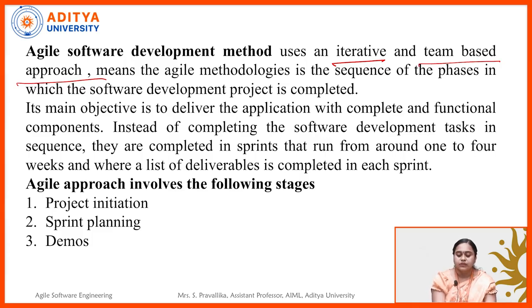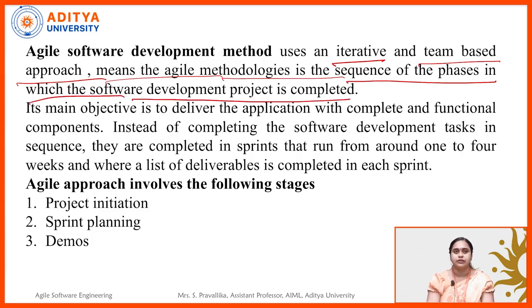Next, Agile uses an iterative and team-based approach, which means that Agile methodology is a sequence of phases in which the software development project is completed. We have already discussed that the project will be done in smaller chunks, or the modules will be broken down into smaller chunks and they will work on those chunks in order to make the project successful.